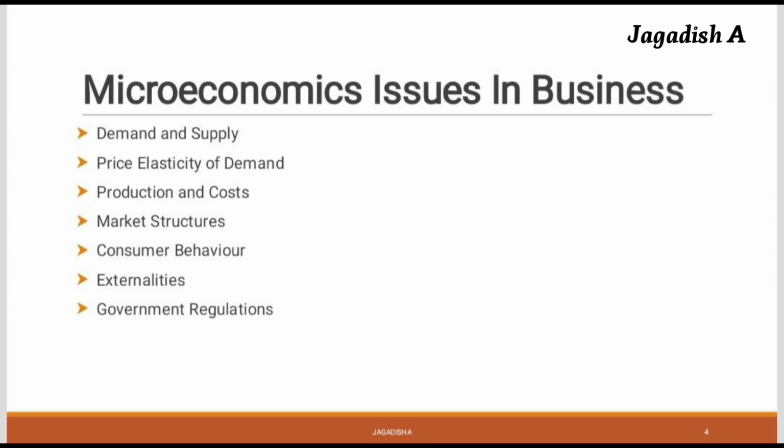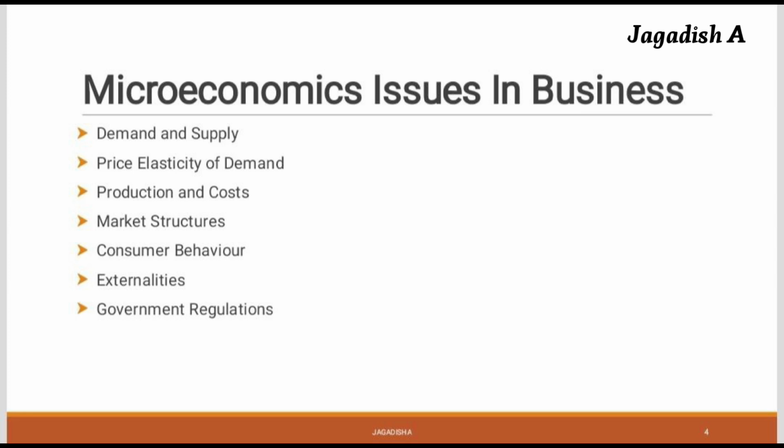So here we can consider the coal mining industry in India, which creates negative externalities like air and water pollution affecting nearby communities. Business are required to invest in pollution control measures or face regulatory penalties, which impact their cost structure and profitability.